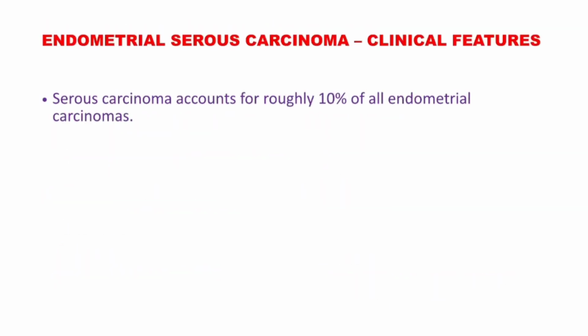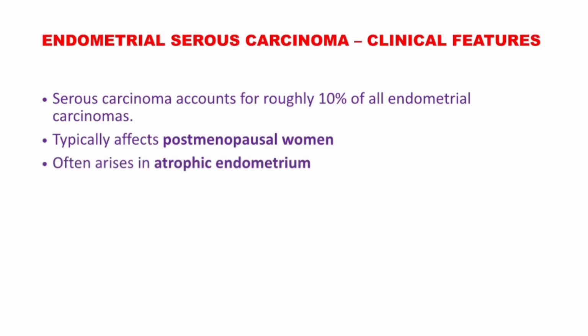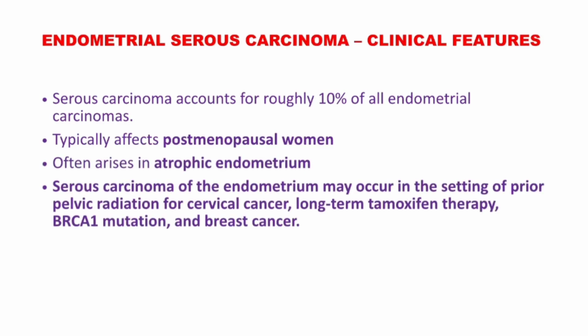Now clinical features: serous carcinoma accounts for roughly 10% of all endometrial carcinoma and 40% of deaths related to endometrial carcinoma. This typically affects postmenopausal women and arises in atrophic endometrium.